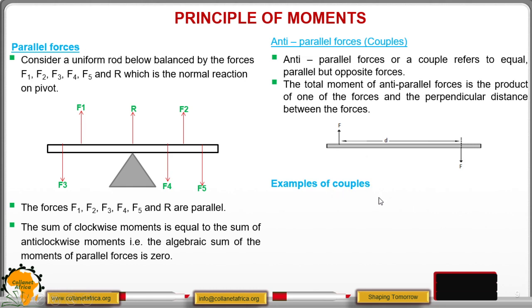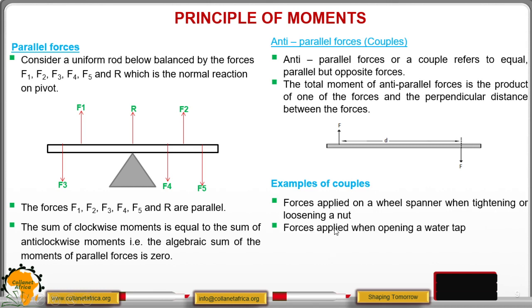Examples of cases of couples, these ones. We have force applied on a wheel spanner when tightening or loosening a nut. We have force applied when opening a water tap. So you realize that you apply forces which are equal but in opposite direction.